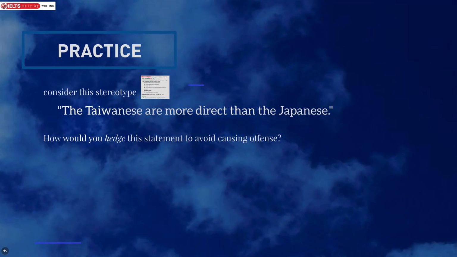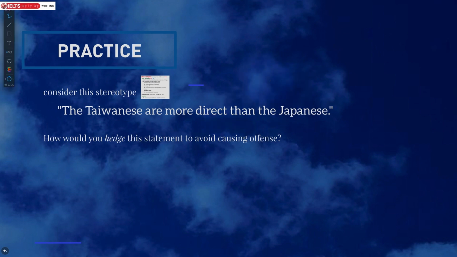So have a look at the stereotype. The Taiwanese people, or the Taiwanese, are more direct than the Japanese. And direct in this case meaning more likely to tell or say their viewpoint or express their feelings compared to the Japanese.